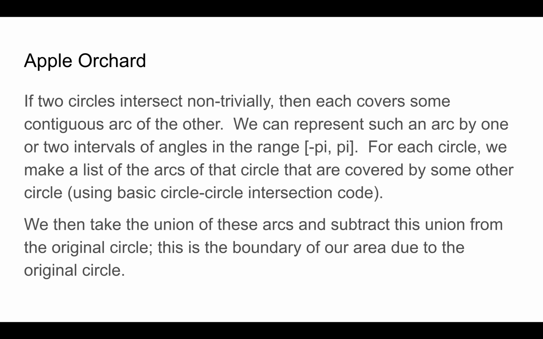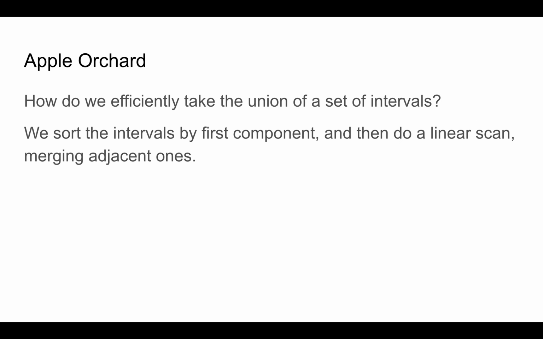So what we want to do then is, for each circle we have the set of arcs that are covered by some other circle. We want to take the union of these arcs and subtract it from the original circle to give us the remaining arcs. How do we do this efficiently? We simply sort the intervals that are covered by the first component and then scan from the beginning to the end.